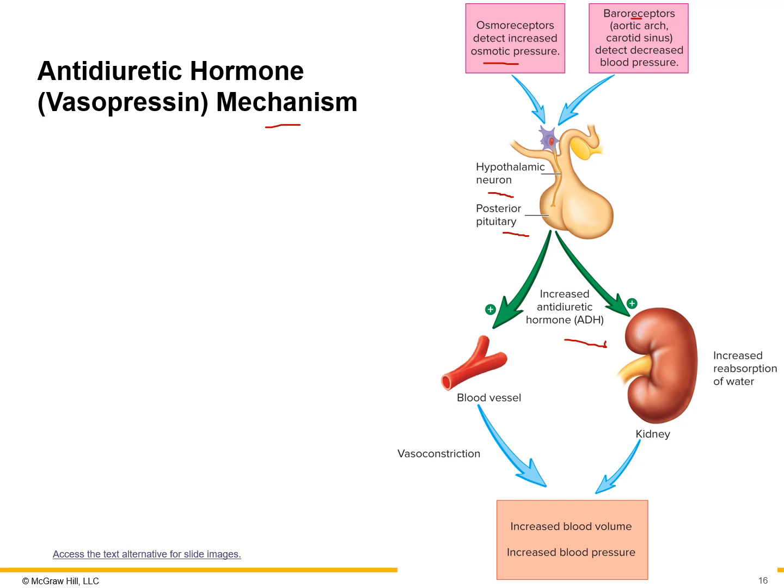It has two effects. It increases reabsorption of water by the kidneys, so that's going to increase blood volume. And then it also causes vasoconstriction of the blood vessels. So both that increase in blood volume and that direct increase in blood pressure.